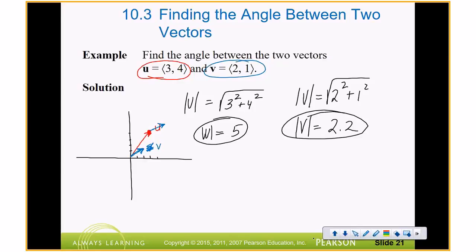Now, what's the dot product? 3 times 2 is 6, plus 4 times 1 is 4. So 6 plus 4 is 10. The dot product will give us 10 over 5 times 2.2.